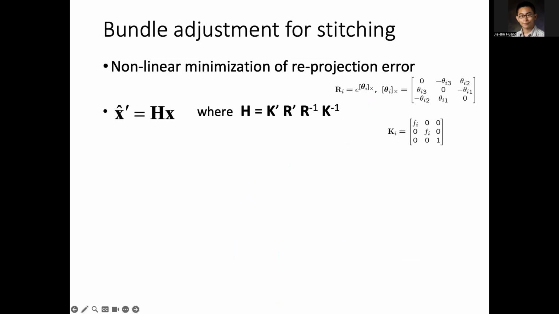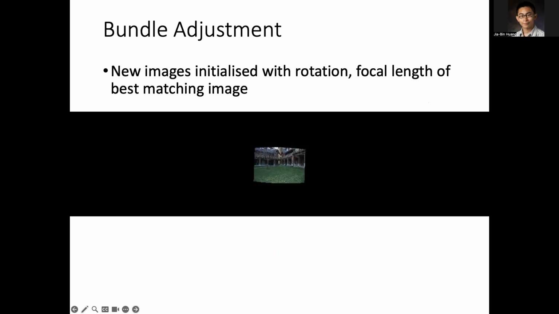So if you express this in terms of the rotation difference and K, you can directly solve for these parameters such that the reprojection error is minimized. Basically, the feature correspondences will be very close after you do the mapping. Okay, so here's the process.